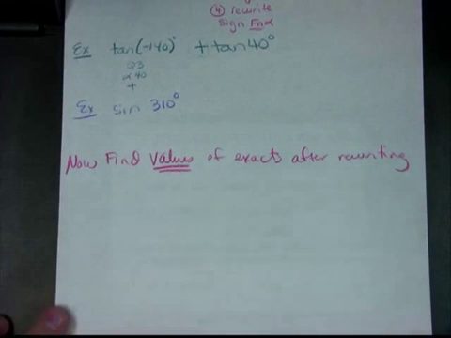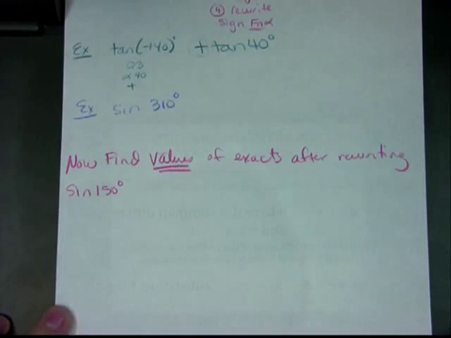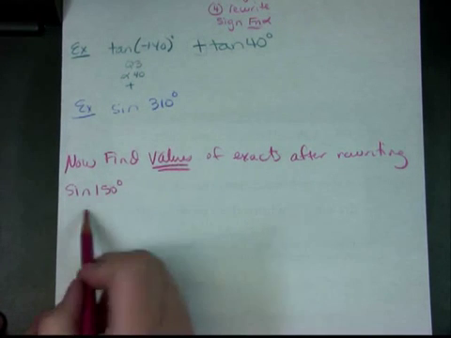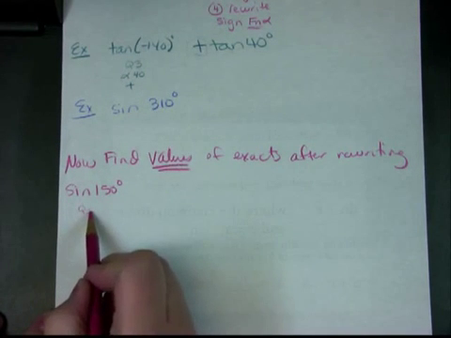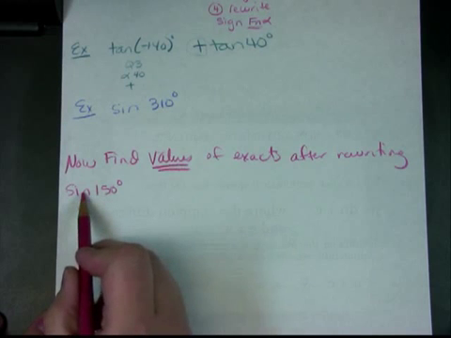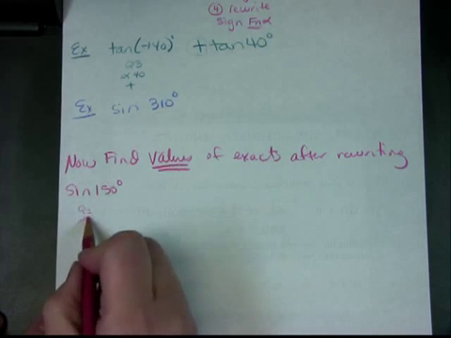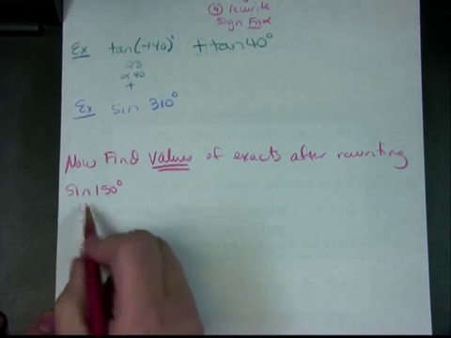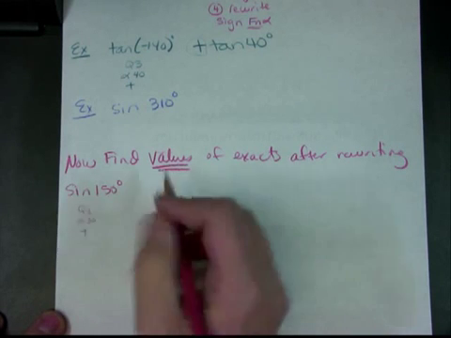For example, the sine of 150 degrees. First of all, I would say sine of 150 is quadrant 2. Quadrant 2 references 30 degrees because it's close to the 180. And then sine in quadrant 2 is positive.